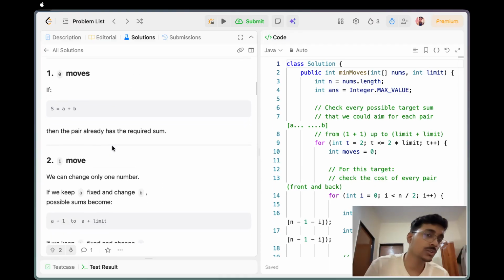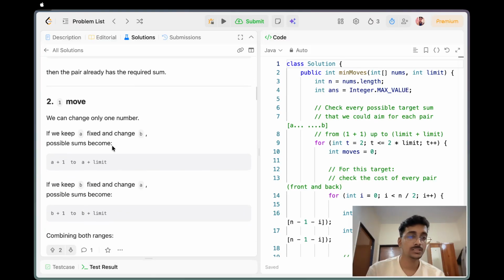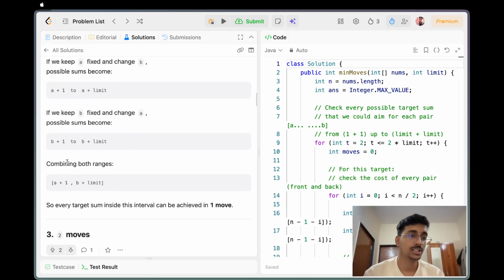We can have zero moves where a and b already make the target sum s, and we need one move where we keep a and change b, or we keep b fixed and change a, right? Combining both the ranges, this is the solution, right?